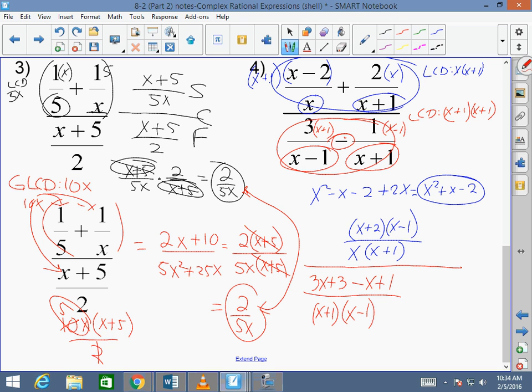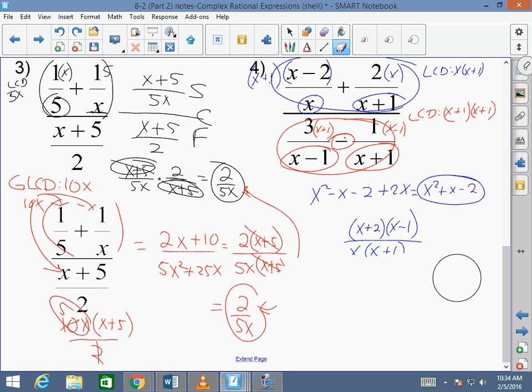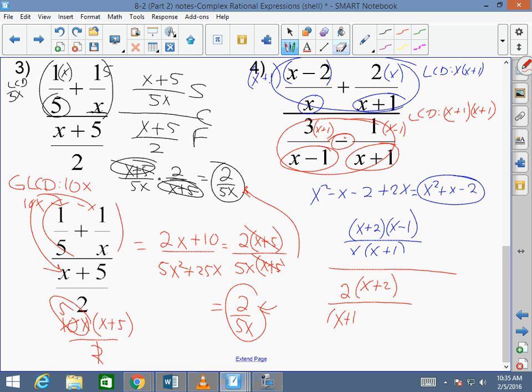Let's go ahead and clean this top up. 3x minus x is 2x plus 4, right? So let's clean that up. So what was it? 2x plus 4, which actually factors out to be 2x plus 2 over x plus 1, x minus 1.